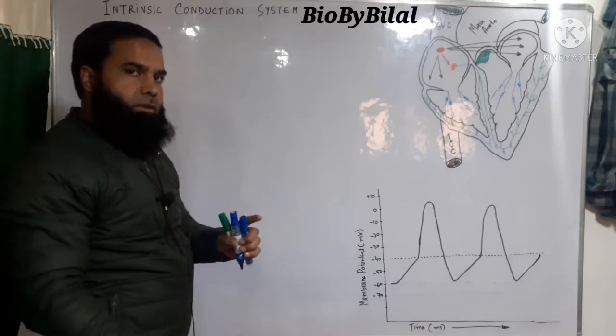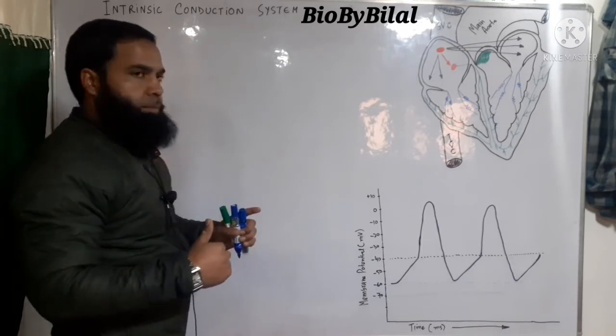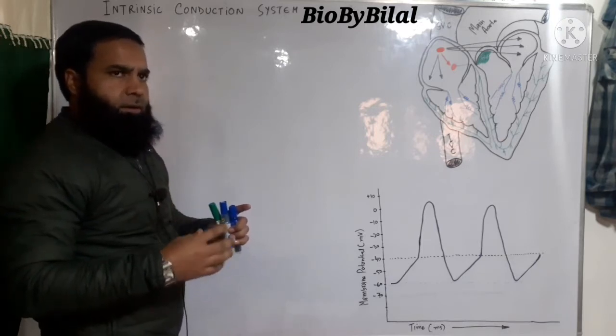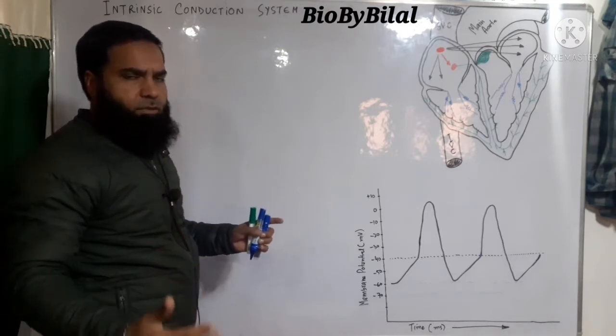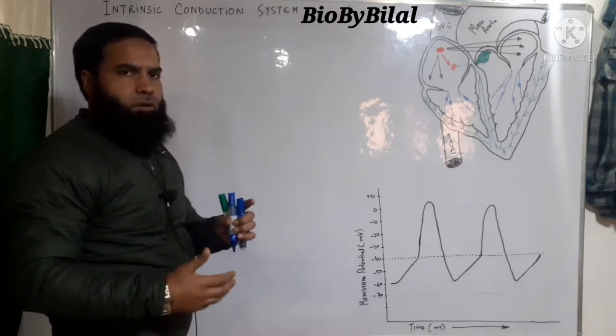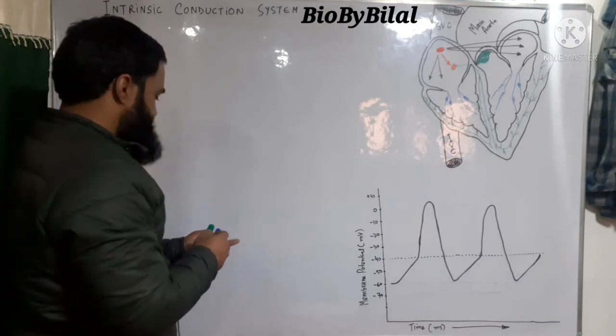That's called the intrinsic system of conduction. Simply put, there are internal factors in the form of autorhythmic cells which control the activity of the heart by itself.